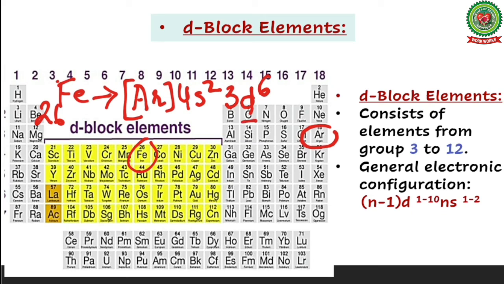Since the last electron is entering the d orbital, Fe belongs to D block elements. With the help of this general electronic configuration, we can write the electronic configuration of any element of the D block. But we should know what the n value is. Supposing n is 4 here, then 4 minus 1 d, that means 3d will be the orbital.